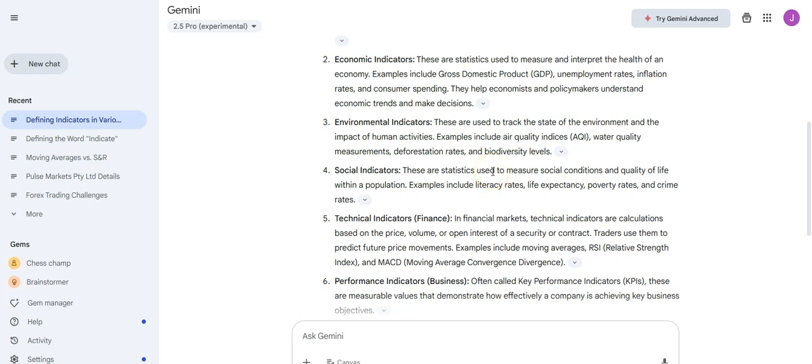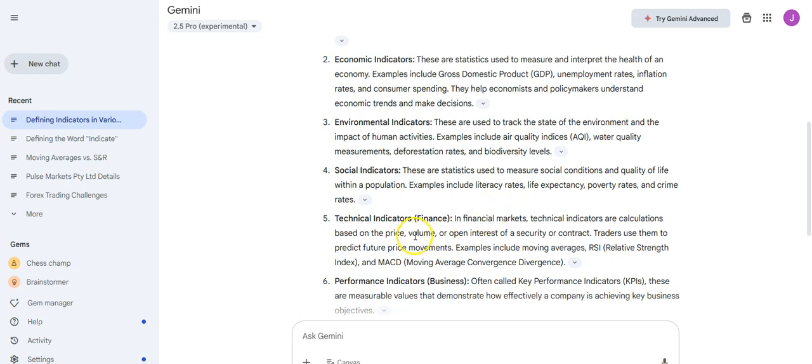These are statistics used to measure social conditions and the quality of life within a population. Examples include literacy rates, life expectancy rates, poverty rates, and crime rates, okay? Everything is based on numbers. So basically, it's following the numbers. Everything is basically showing you something going on based on what the numbers are doing currently, okay?